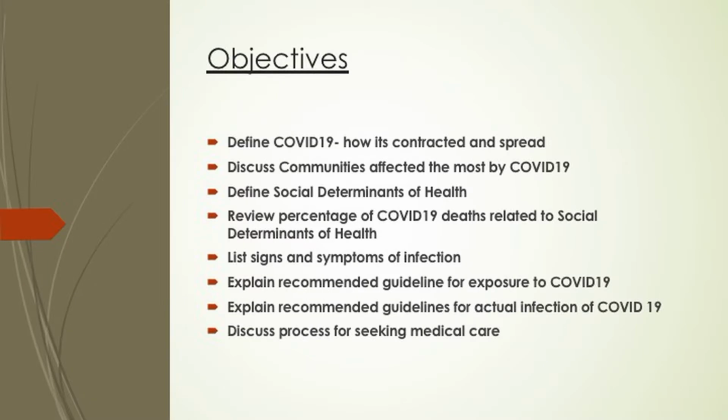The objectives of this talk are to define what COVID-19 is, how it's contracted, and how the disease is spread. We want to discuss communities that are affected the most by COVID-19, define a term called Social Determinants of Health, review the percentages of COVID-19 deaths related to social determinants of health, and list the signs and symptoms of the infection.